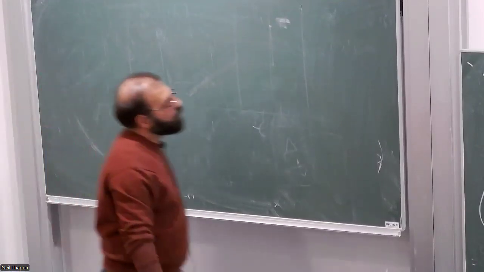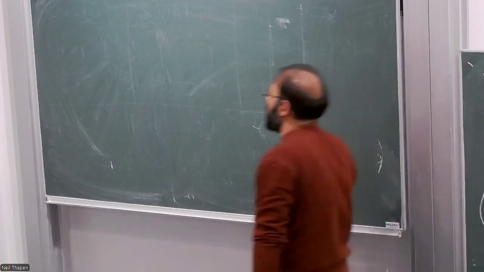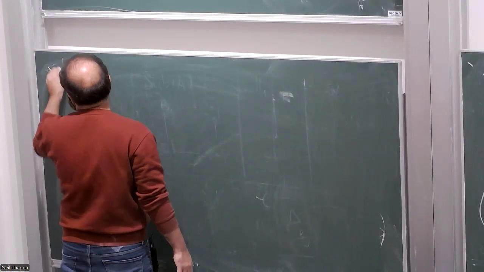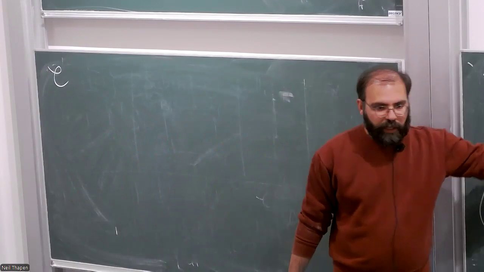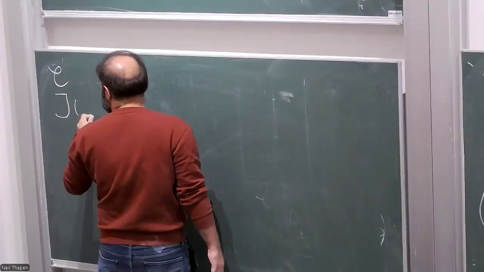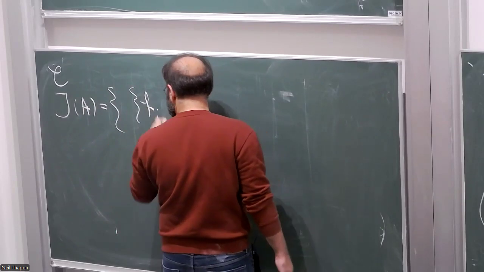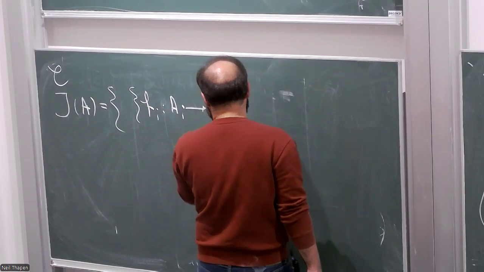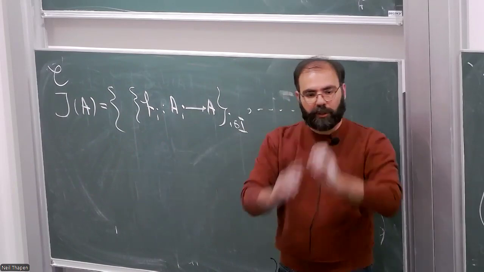So first, what is the axiomatization of my union? And then I explain why I need something like that. So let's say C is a category. And then J is some operation such that to any object A, it assigns a family of maps going to A, not just one, some families of maps going to A, right?